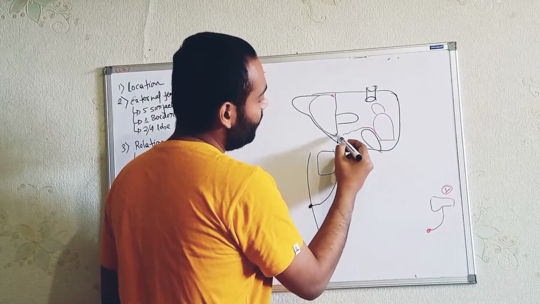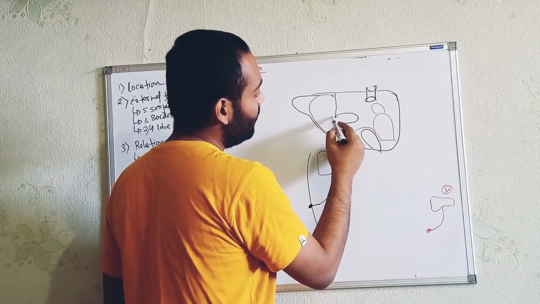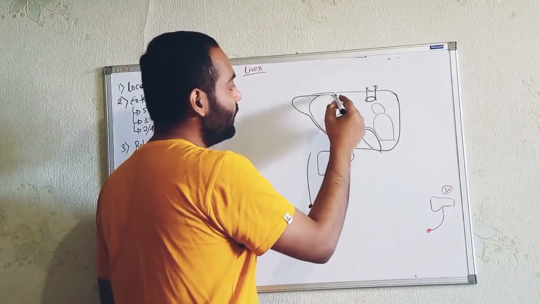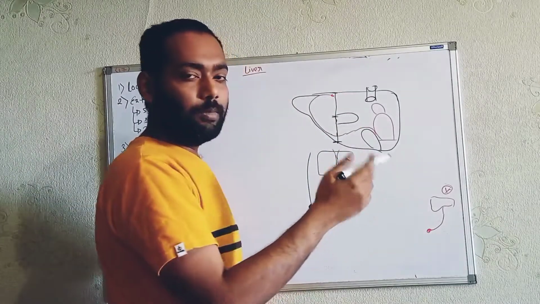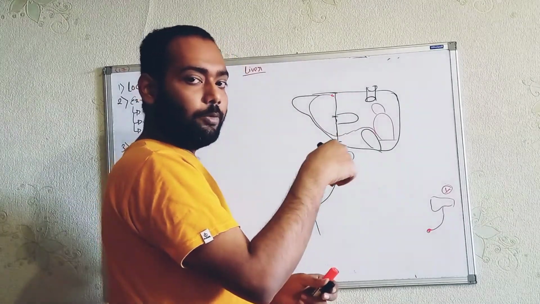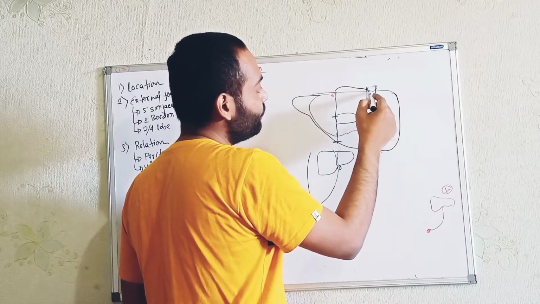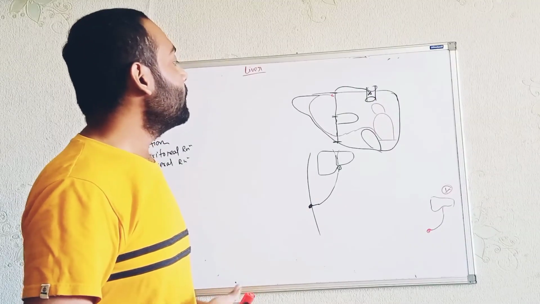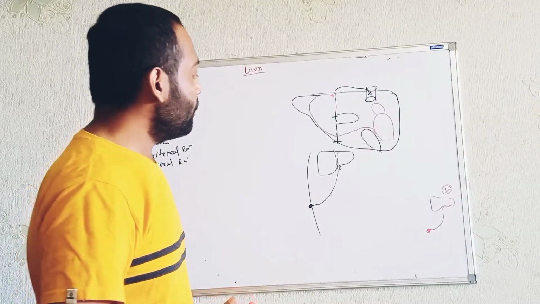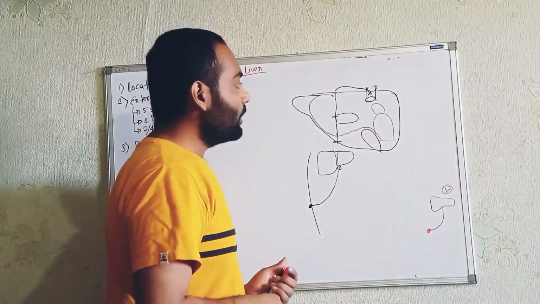Now it's coming here. So here you have the ligamentum teres and the ligamentum venosum. This is actually the same vein, but it is the intrauterine line. Then it comes here and comes to this inferior vena cava. Now think about this.